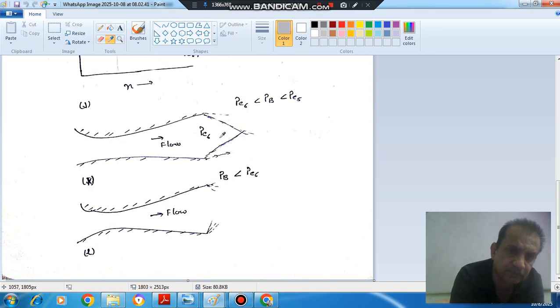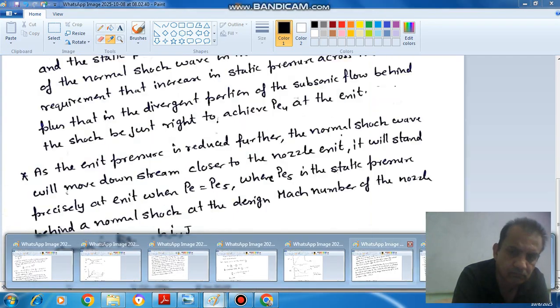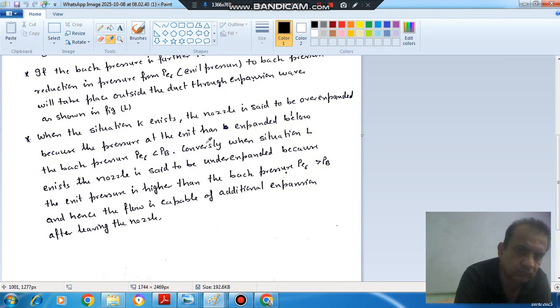Oblique shock increases pressure, so compression is taking place. That's why this nozzle is said to be overexpanded. To compensate this overexpansion, the flow compresses by the oblique shock, because the pressure at the exit has expanded below the back pressure, P6 less than PB.